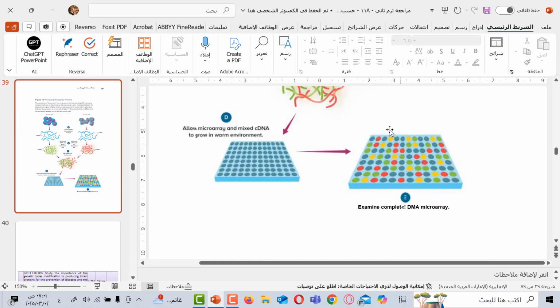Sometimes he brings this one and asks you about the ratio of red spots, so you count all the spots, and after that count the red ones and divide the red ones by the total. Then you will get the ratio of red.